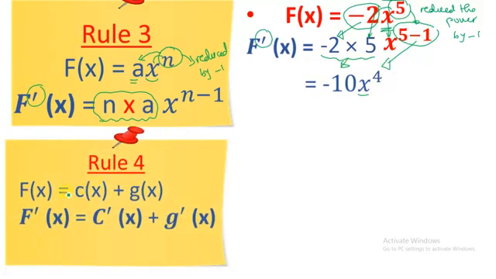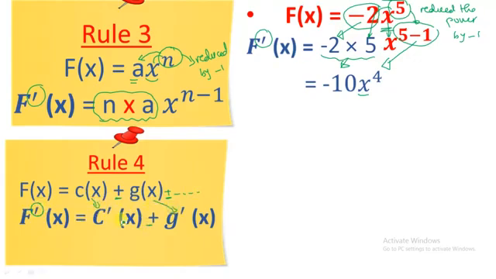Rule 4. If I have f of x in the form c of x plus or minus g of x plus or minus etc., then the derivative f prime will be the derivative of each term alone.